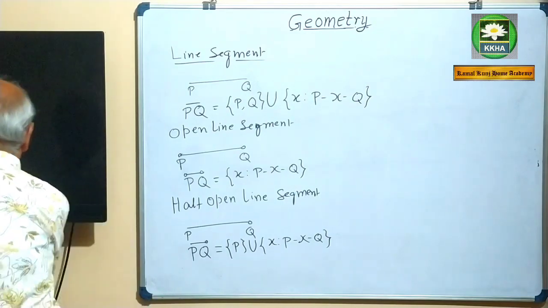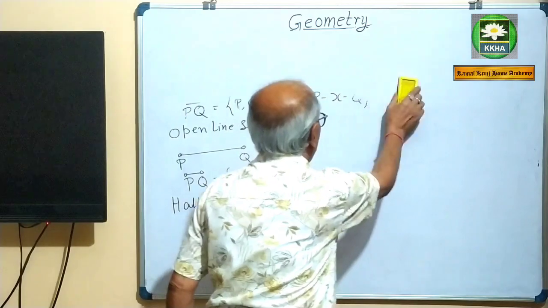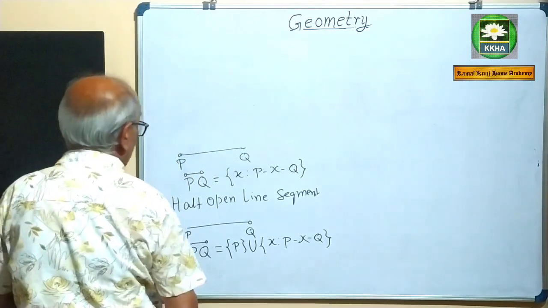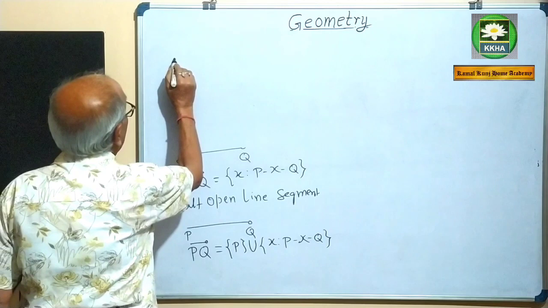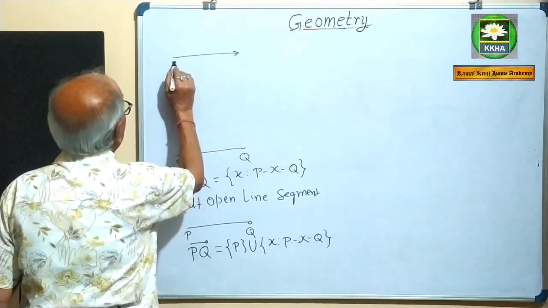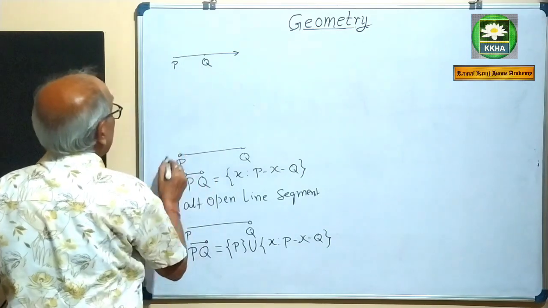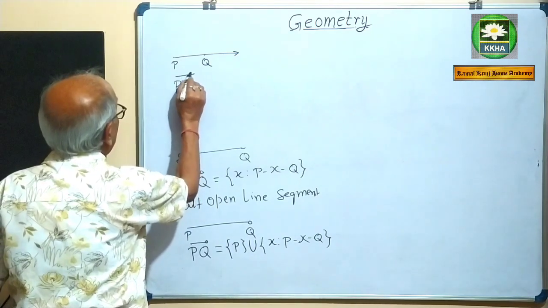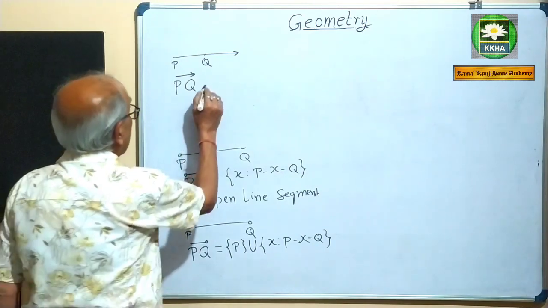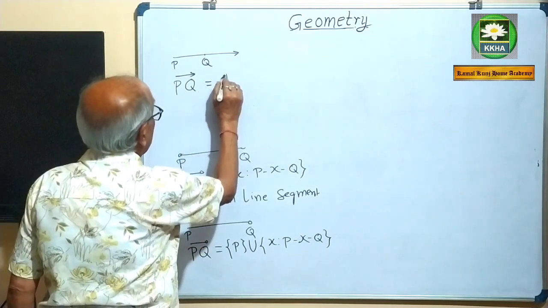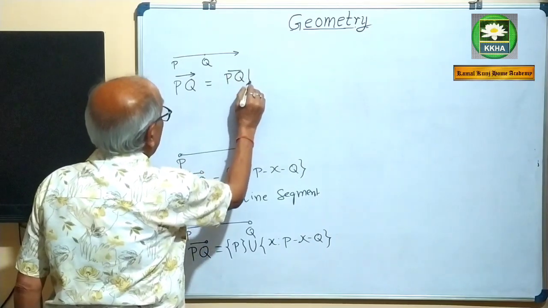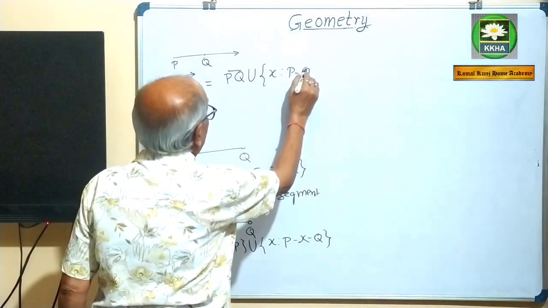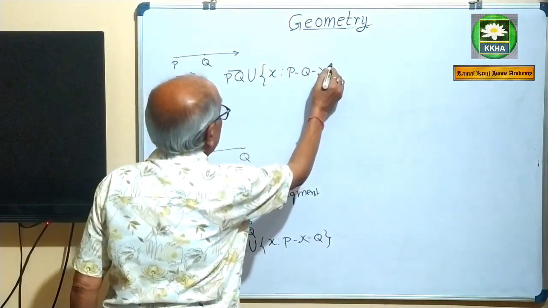What is a ray? Ray PQ is defined as segment PQ union {X such that Q is between P and X}.